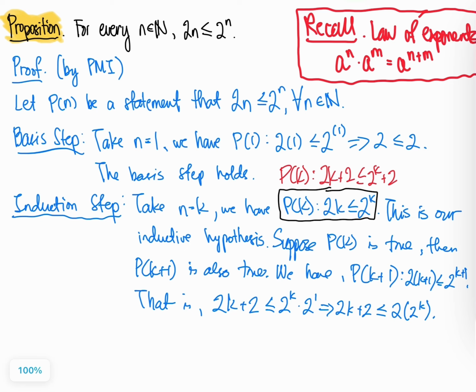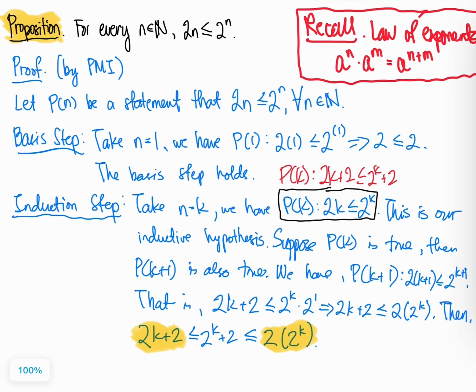So what do we have here? Using the inductive hypothesis, 2k plus 2 is less than or equal to 2 raised to k plus 2, and all of this is less than or equal to 2 times 2 raised to k, indirectly saying that 2k plus 2 is less than or equal to 2 times 2 raised to k.